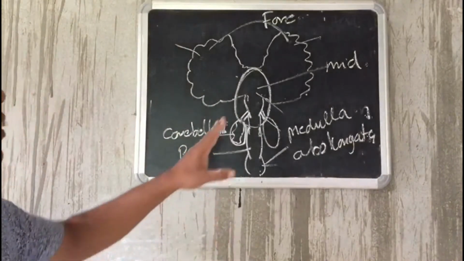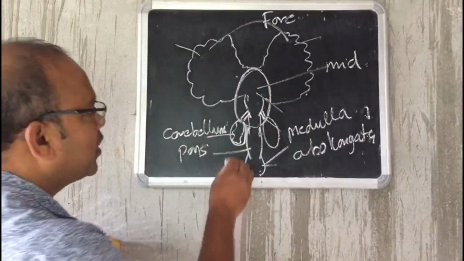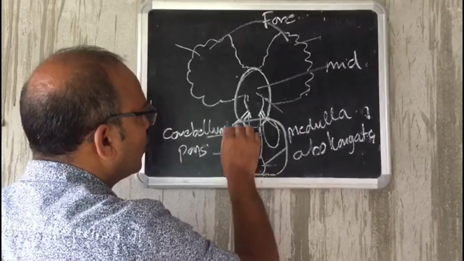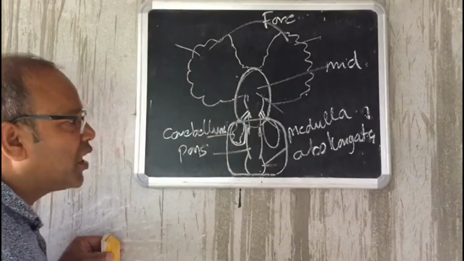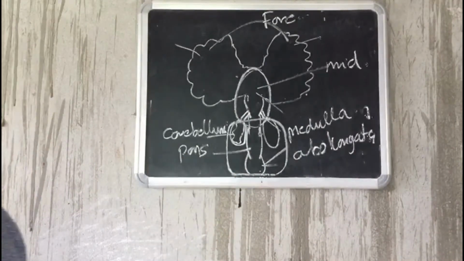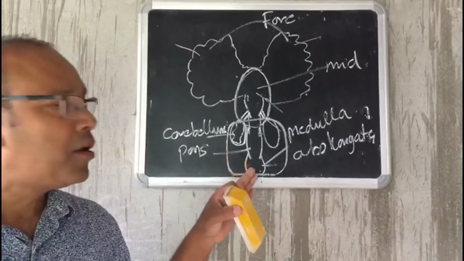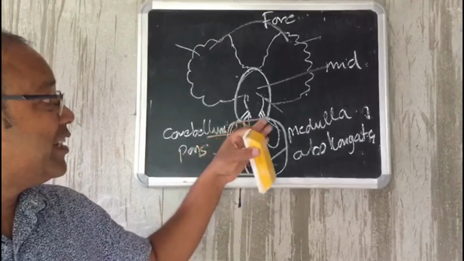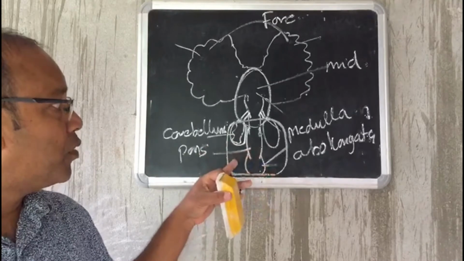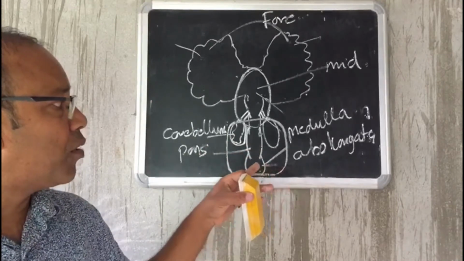So the hindbrain, this is the midbrain. The hindbrain is made up of the cerebellum, pons, and medulla oblongata. As we know, the medulla oblongata further proceeds as the spinal cord, which is part of the backbone. But in the hindbrain, we have the cerebellum, pons, and medulla oblongata.